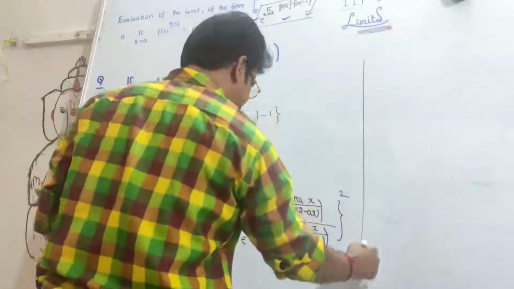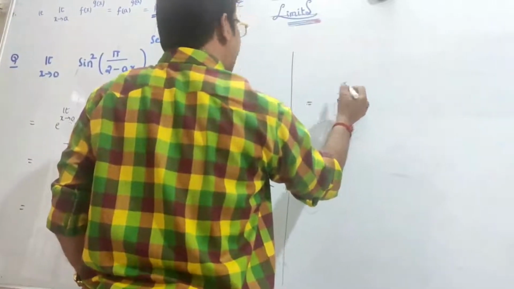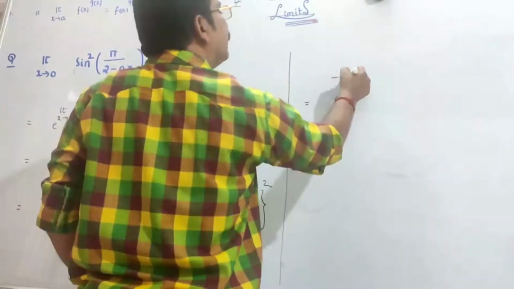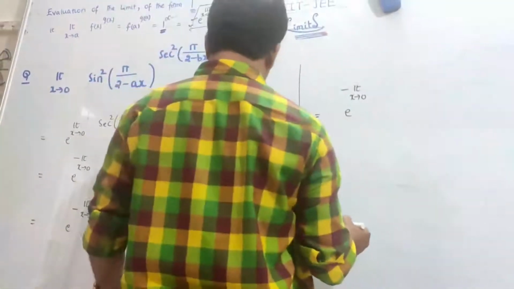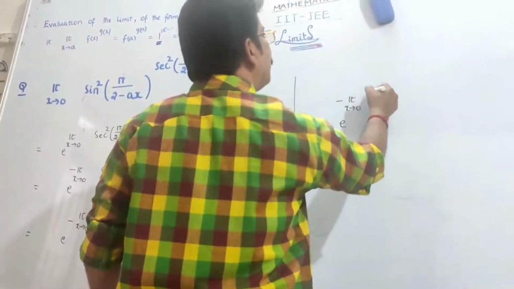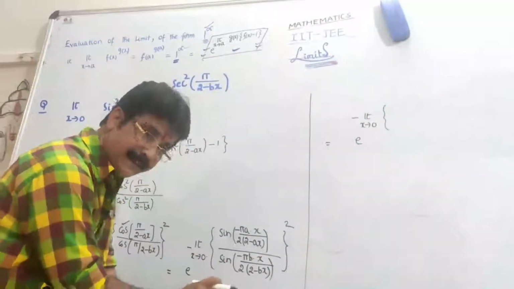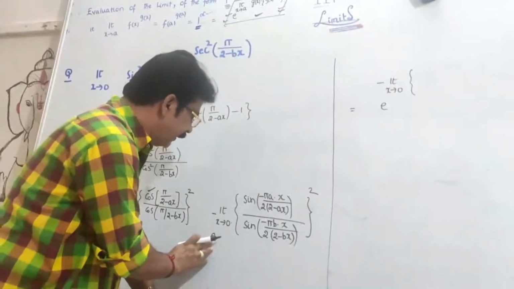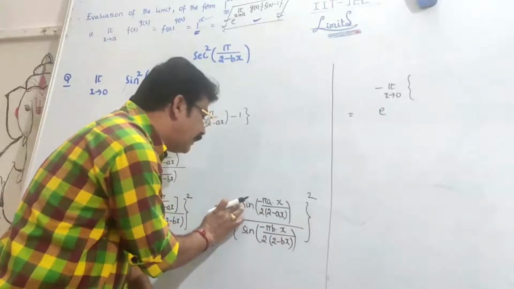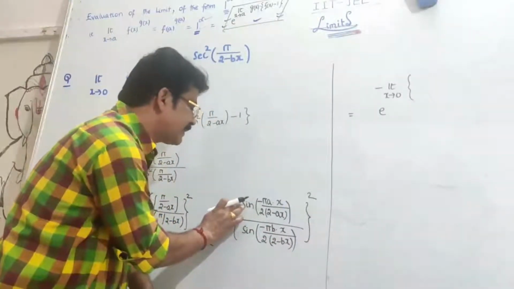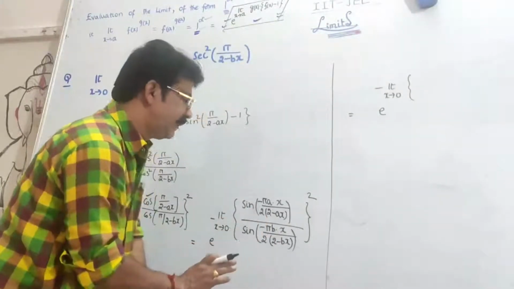Next, that is equal to e power minus limit x tends to 0, whole square, same. Actually after this we have to write e power minus bracket, limit of numerator, limit x tends to 0 numerator, limit x tends to 0 denominator.